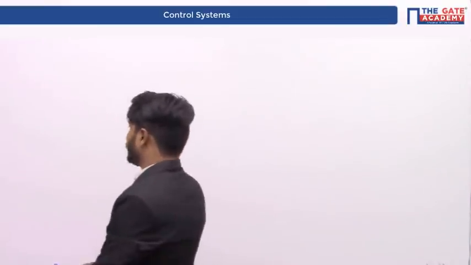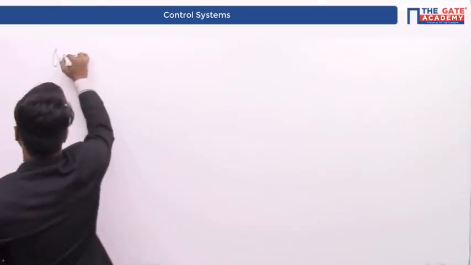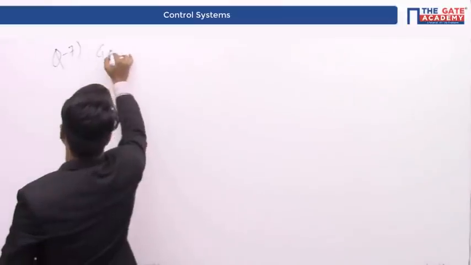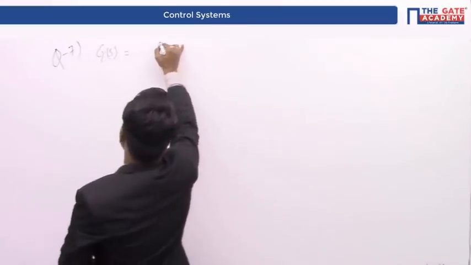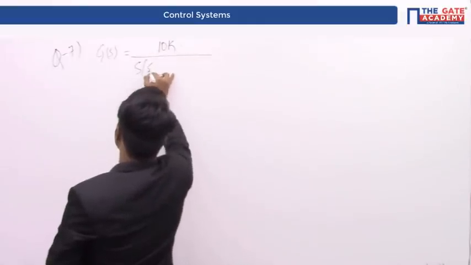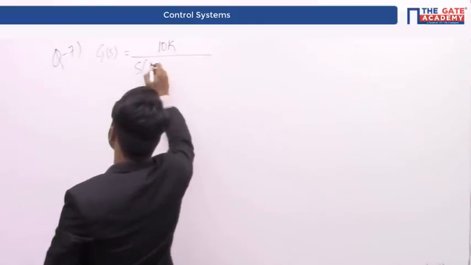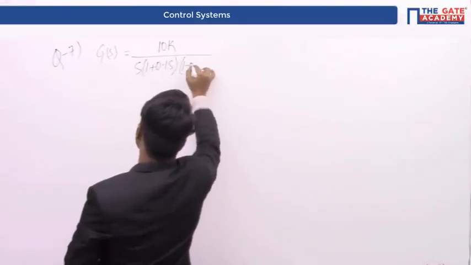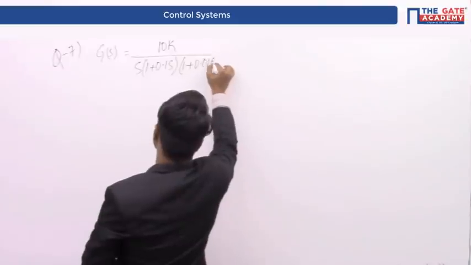Therefore, the open loop transfer function for the given closed loop system is like this. G of s is equal to 10 K divided by s into 1 plus 0.1 s multiplied by 1 plus 0.01 s.